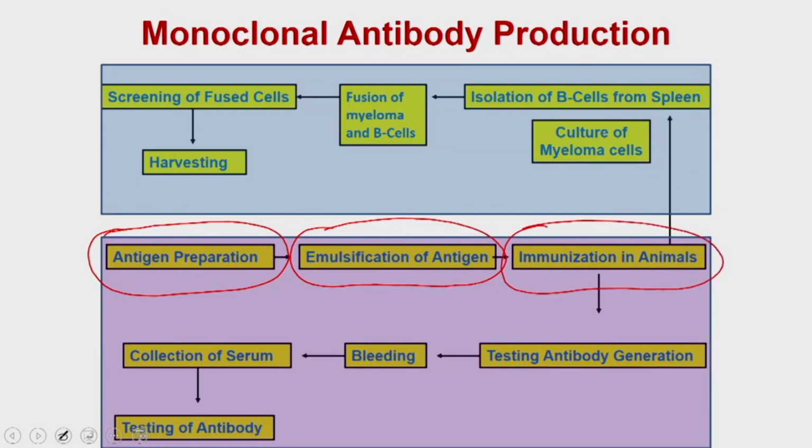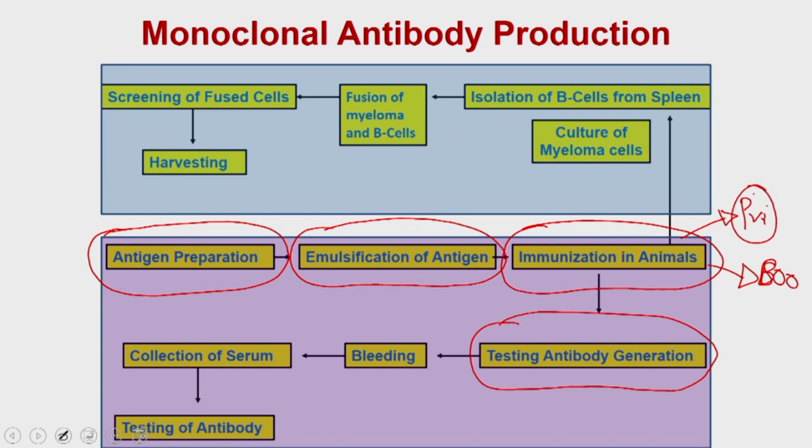Once the immunization of the animal is done, you can test whether the antibodies are being produced. Immunization has to be done two times: first the primary injection, and then a booster injection. For the primary injection you always use Freund's complete adjuvant, whereas for the booster dose you always use Freund's incomplete adjuvant.